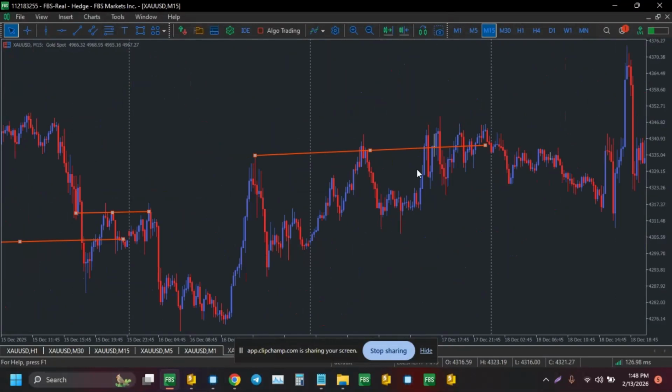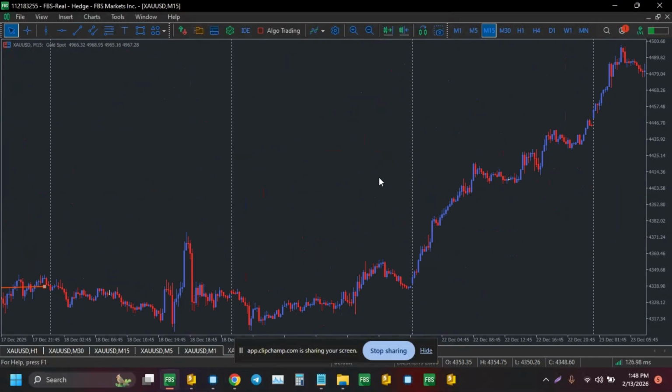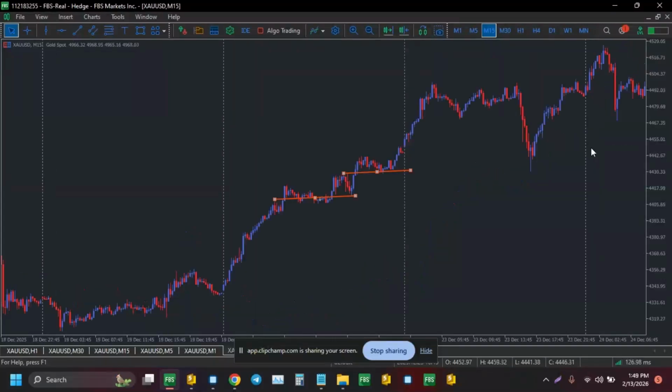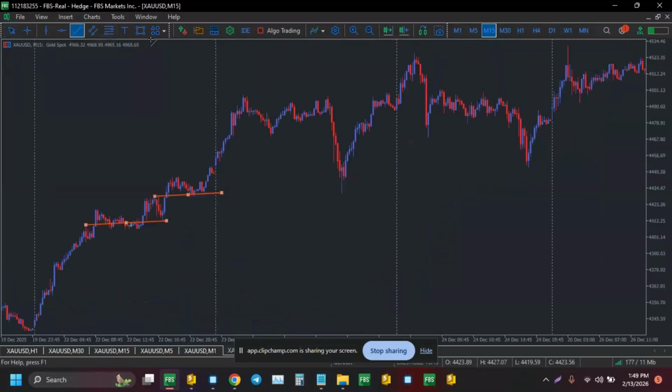So this is a corrective wave. It doesn't produce any significant price movement. It only moves from side to side. It only takes time.